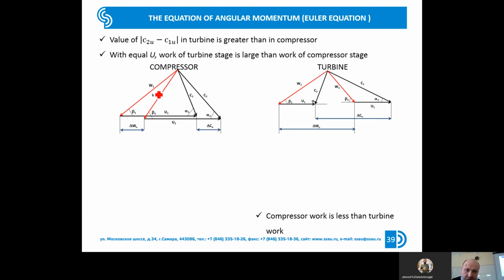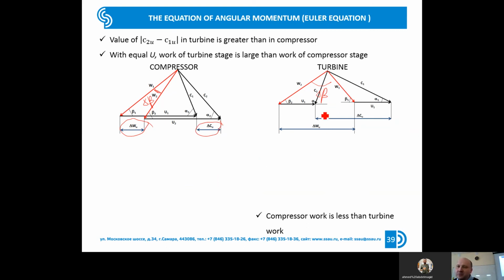In the compressor stage, the delta beta angle is limited by the diffuser factor. In the turbine stage, we have no limitation of this angle. That's why finally the value of delta W and delta Cu in the compressor stage is rather small.